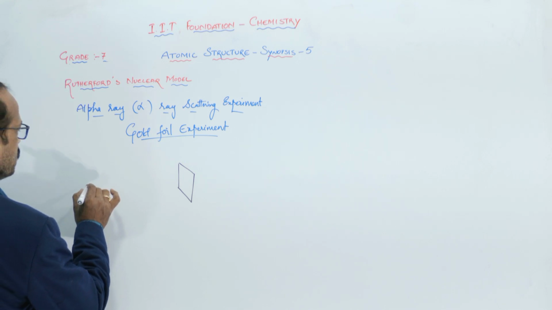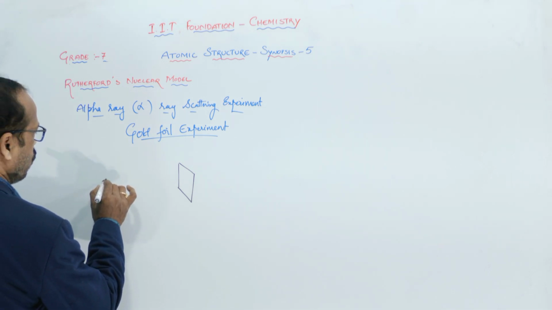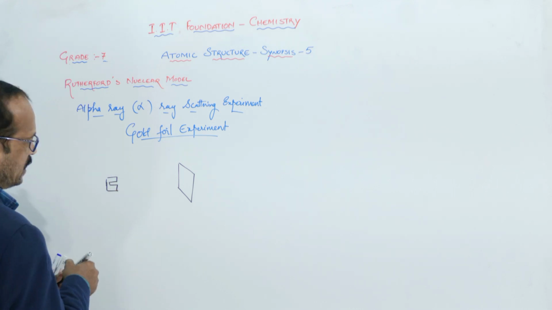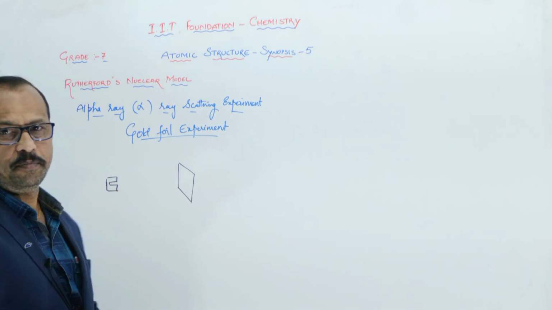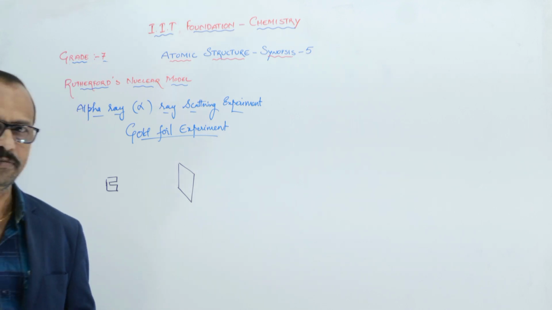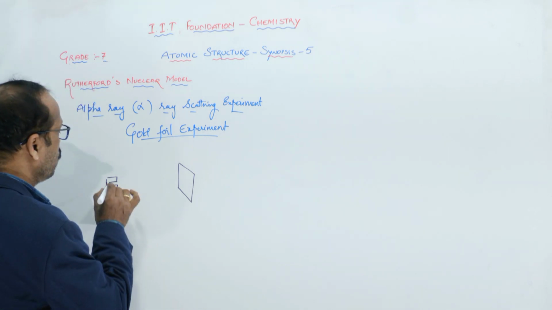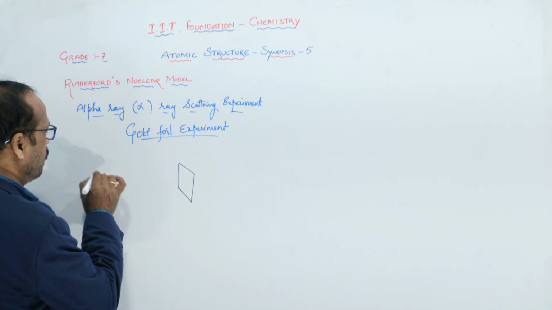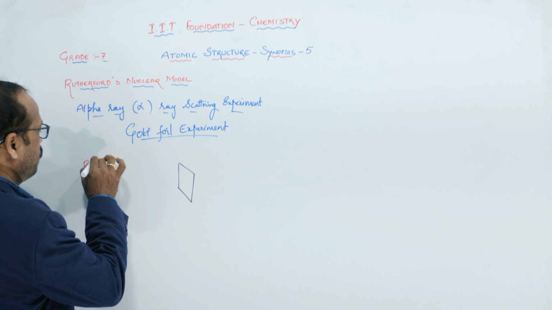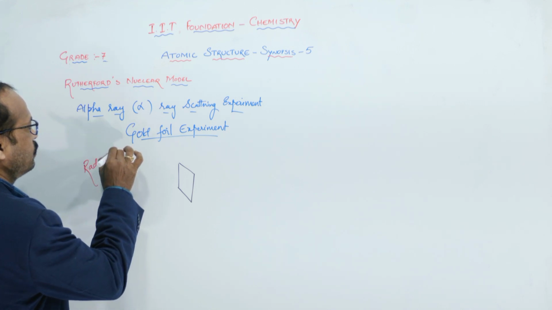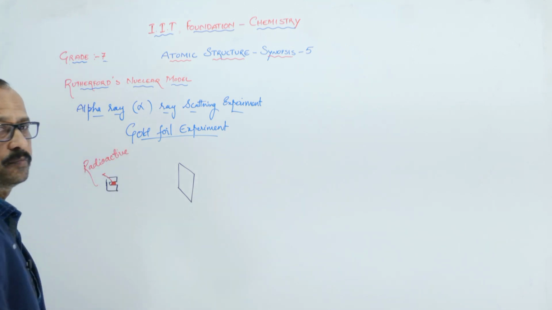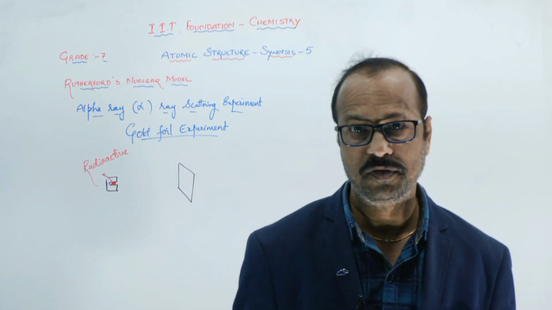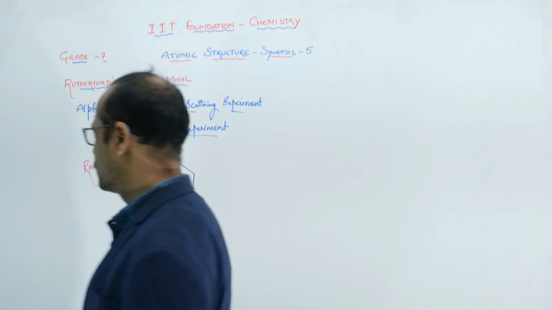Let us take one lead cavity, a lead box, and in this he has taken some radioactive material. This material is called radioactive material. Radioactive material means what? Which emits alpha particles.